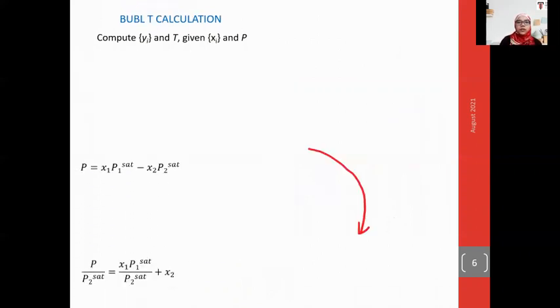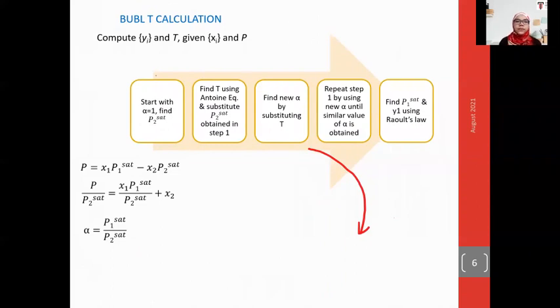So to start with, we introduce alpha. Start with alpha equal to 1, where we know that alpha is equal to the saturation pressure for component 1 over the saturation pressure for component 2. By rearranging it, we can obtain P2 saturation equal to P over x1 alpha plus x2.